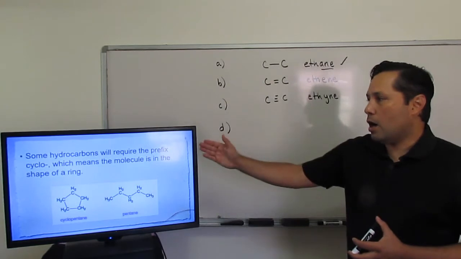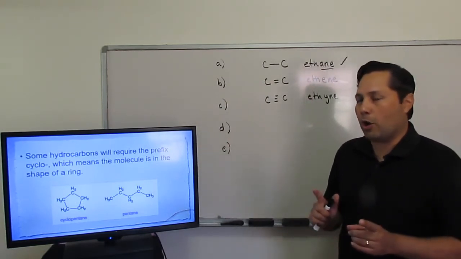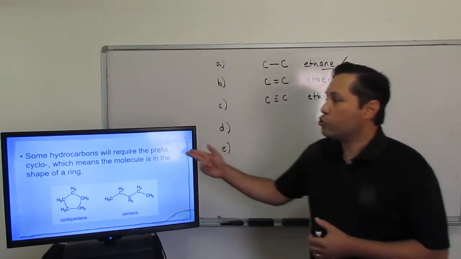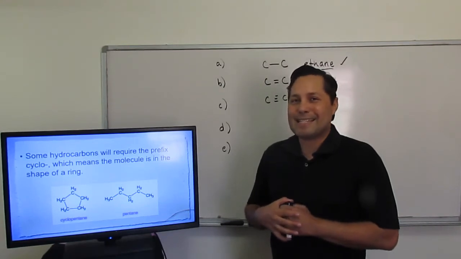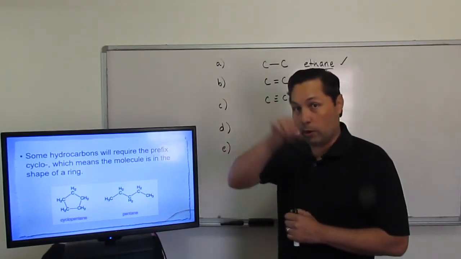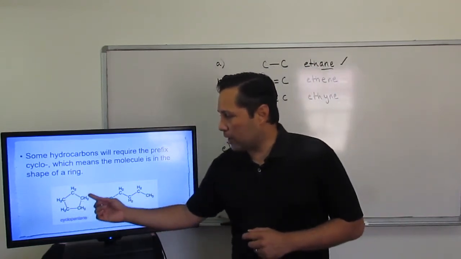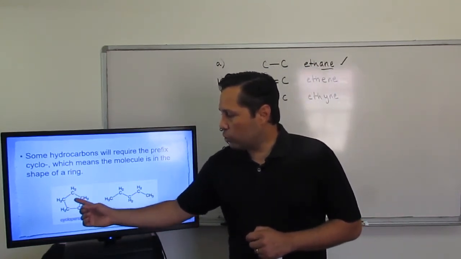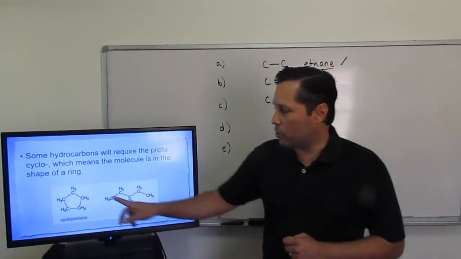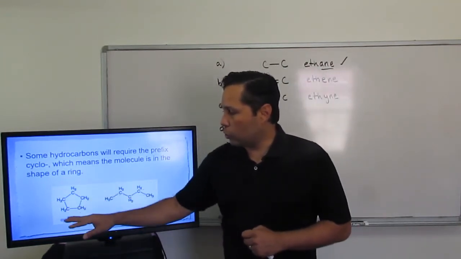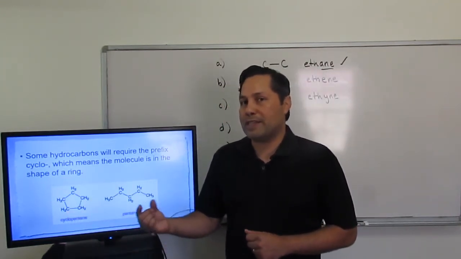Next, they do have a prefix, but not all of the hydrocarbons do. Some hydrocarbons require the prefix cyclo, meaning like a circle or a ring. Cyclo. That means that the molecule has this shape right here. So here they have 1, 2, 3, 4, 5 carbon atoms, and notice that they're a circle. So this one you would put the prefix cyclo.